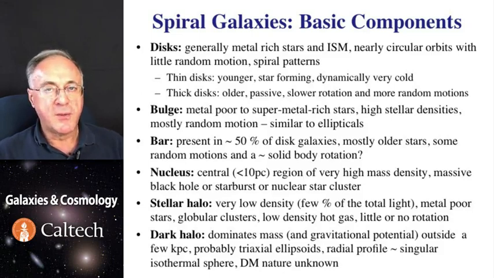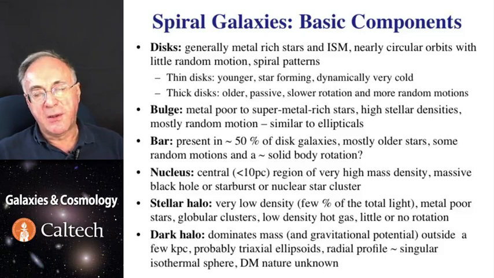About half of all spirals contain a bar-like feature, and you've seen pictures. Sometimes spiral arms begin at the ends of the bar. Bars are similar to bulges in their composition, but dynamically they're distinct. In their very centers, some people argue that spirals contain an additional component, concentric with the bulge itself, which may be very dense.